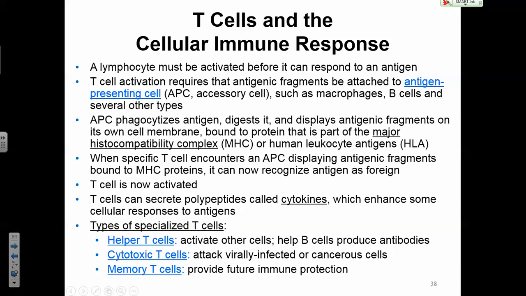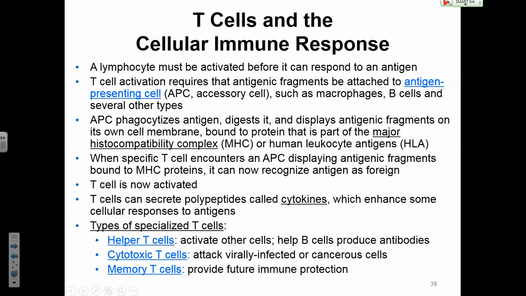Now we're going to look at the T cells, the ones that are influenced by thymosin, and they're involved in the cellular immune response. The reason it's called cellular response, or cell mediated, is because it's not just the foreign antigen that gets them activated.